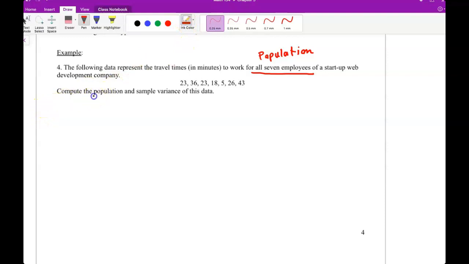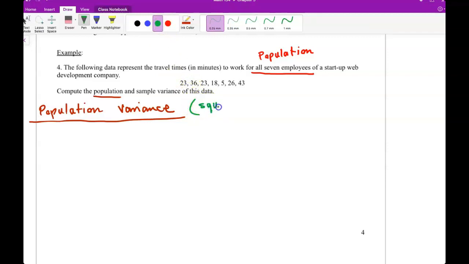So first, population. We should find, we already have standard deviation. Squaring that is the answer for this part.